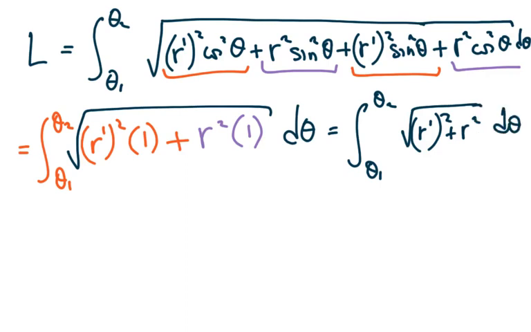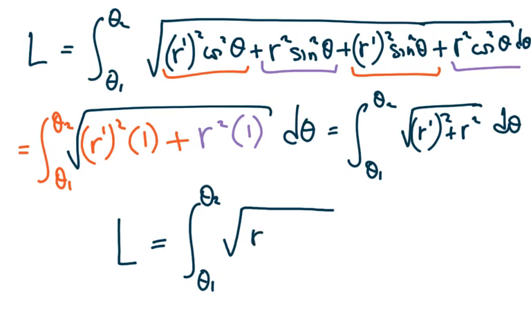And this is the formula then for length in polars. So I repeat the formula. The length of the arc in polar would be the integral from the first angle to the second angle of the square root of r prime squared plus r squared.